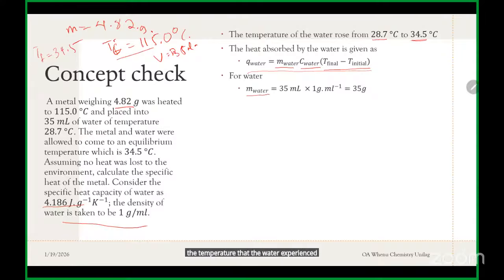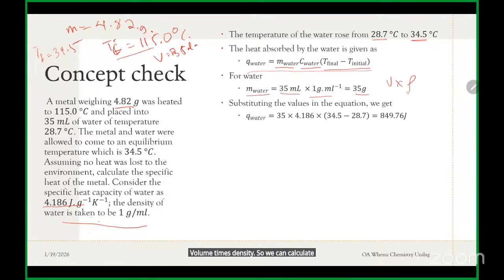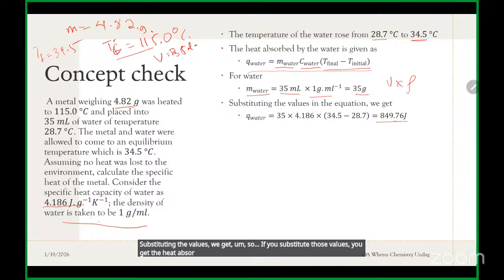Mass of water we're not given explicitly, but we're given the volume of the water that was used, and we're given the density of water. And we know that mass is volume times density, so we can calculate the mass of water. Substituting the values, we get the heat absorbed by water to be equal to that.